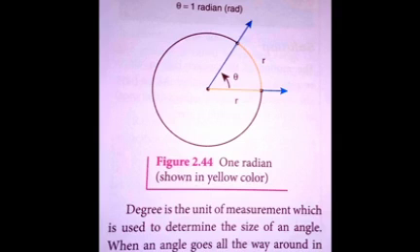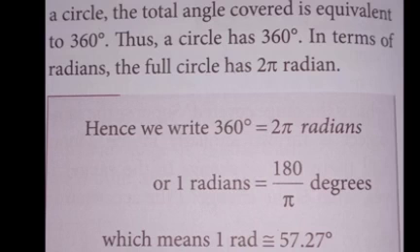Now when converting degree into radian, the degree is used to measure the size of the angle moving around the circle. The total circle, 360 degree, is converted into radian, that is 2 pi radian. Pi is equal to 180 degree.